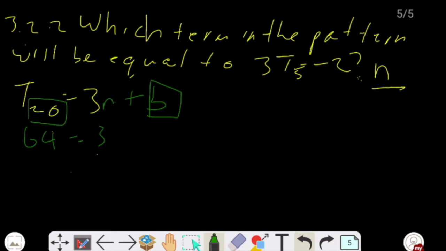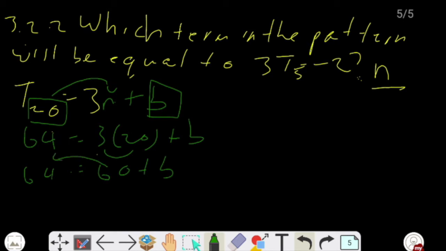Now we substitute the value, your term, which is 20, your n, which is 20, plus B, and then you simply just calculate there. 3 times 20, 60 is going to be 64. 60 plus B, you take the 60 to the other side, your B will equal 4. Your B will equal 4, right?